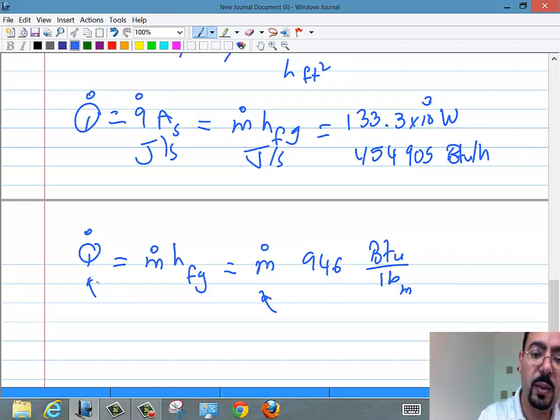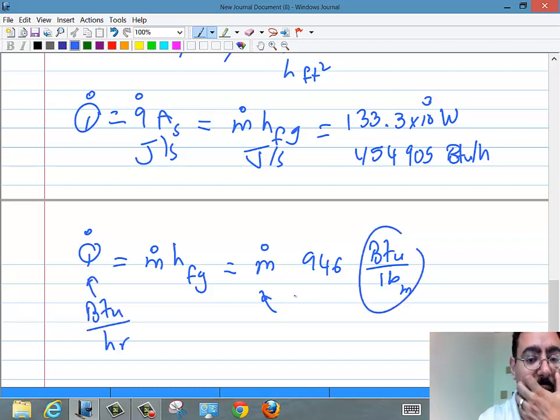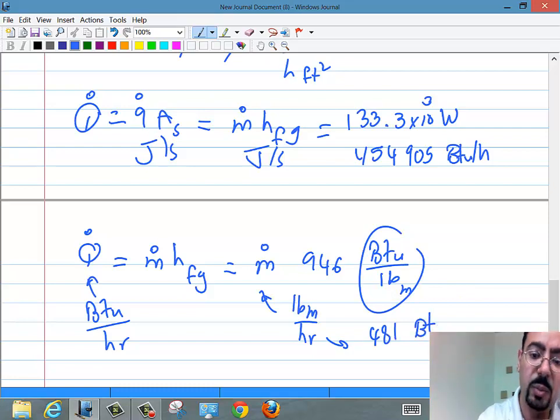So this is BTU per hour, and this is BTU per pound mass. This will have to be pound mass per hour, and it is 481 pound mass per hour.